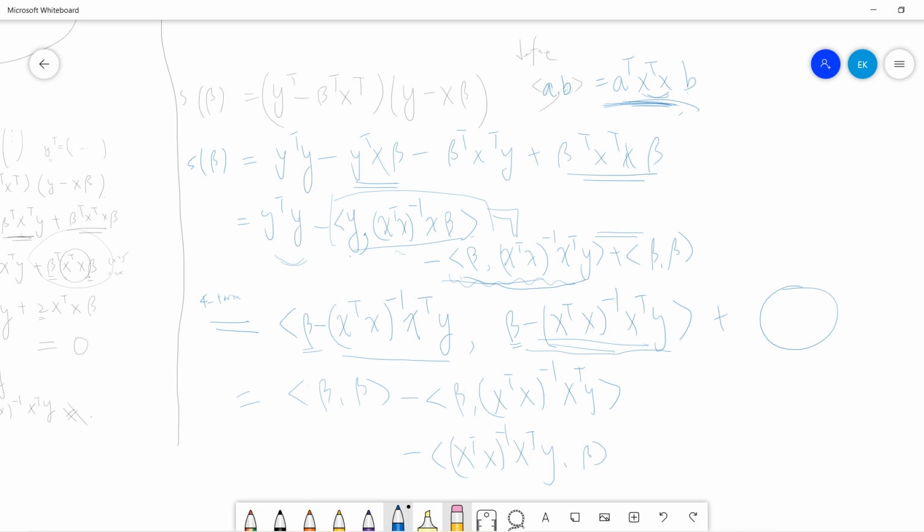So these two terms actually are the same. Plus something, plus this term of y.